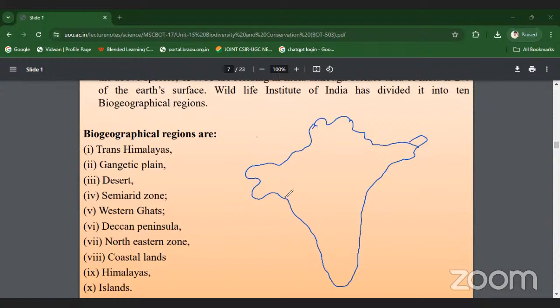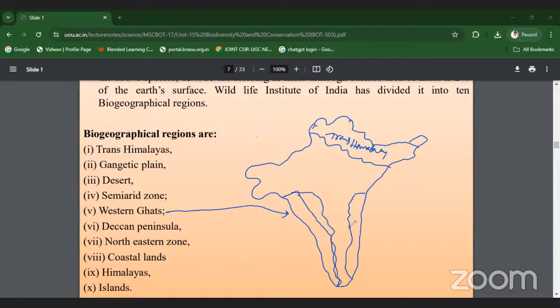These are the Western Ghats, the Trans-Himalaya regions, the Northeast, and the Northern Ghats. First, let's see the Trans-Himalayas, the Himalaya region.